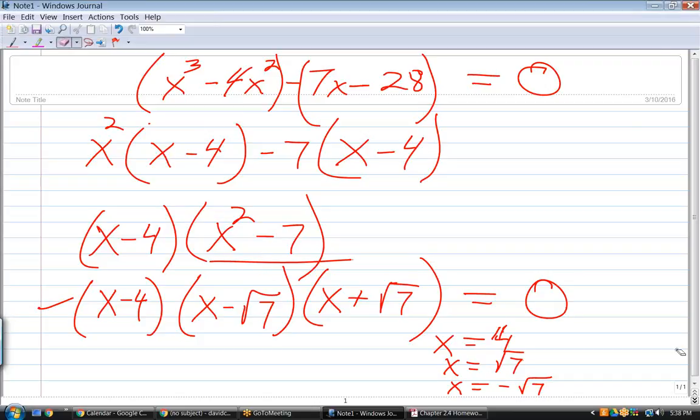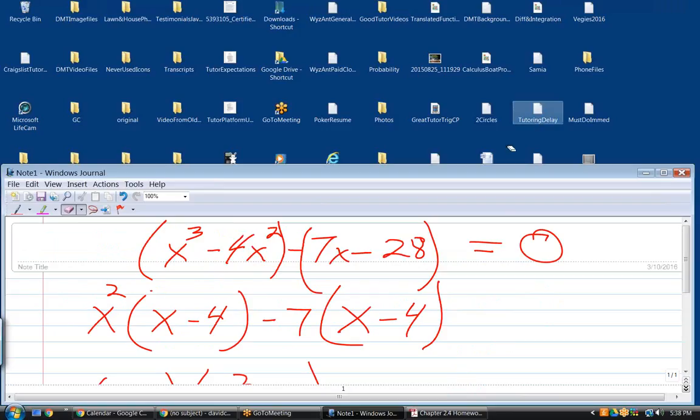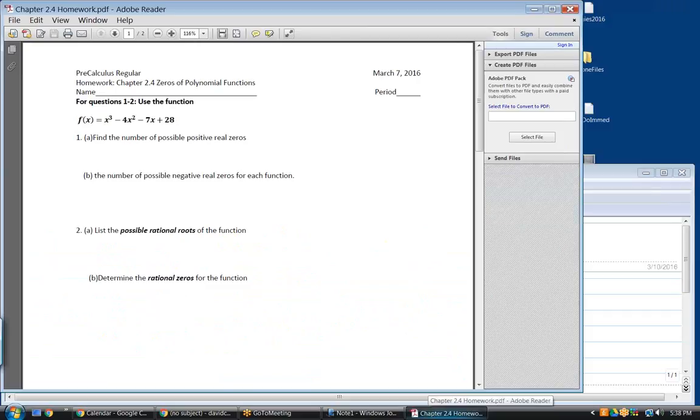Okay, let's see. What's the rest of this question say? I also have another question because my teacher did it a different way, and I want to know if you understand how to do it this way as well. Well, you always use this way if you can, because it's far easier than the other way. And we'll get to the other way. In other words, number 2 says list the possible rational roots of the function.